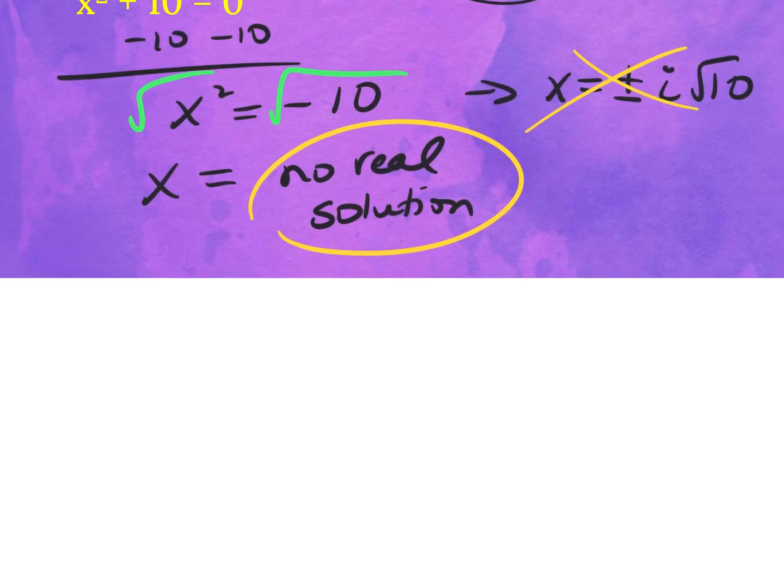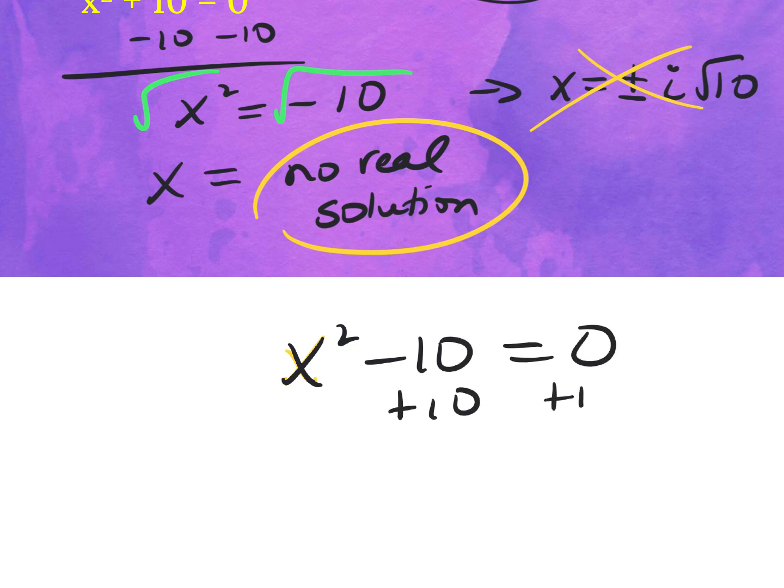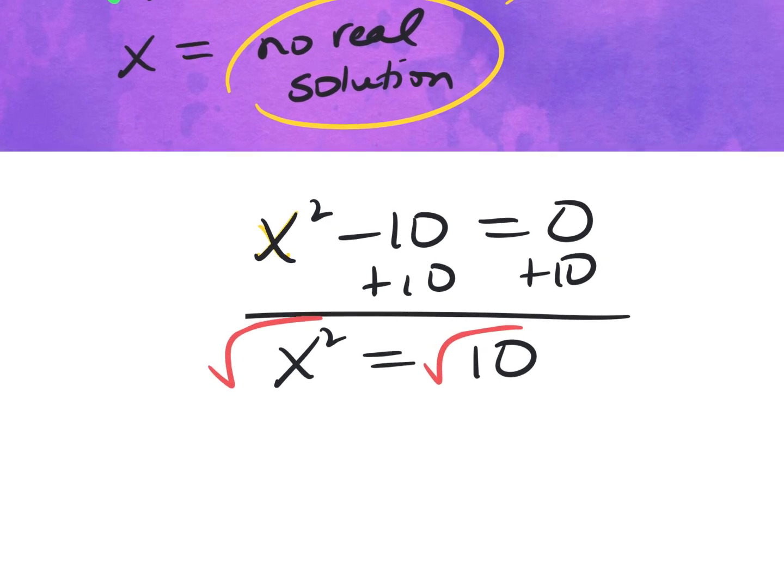Let's say instead the problem was x squared minus 10. So if that's the case, we would do this. We would do x squared equals 10. We would still use the square root method, but on the quiz, what you're going to do is you would break down the radical. 10, it just turns into 2 times 5.